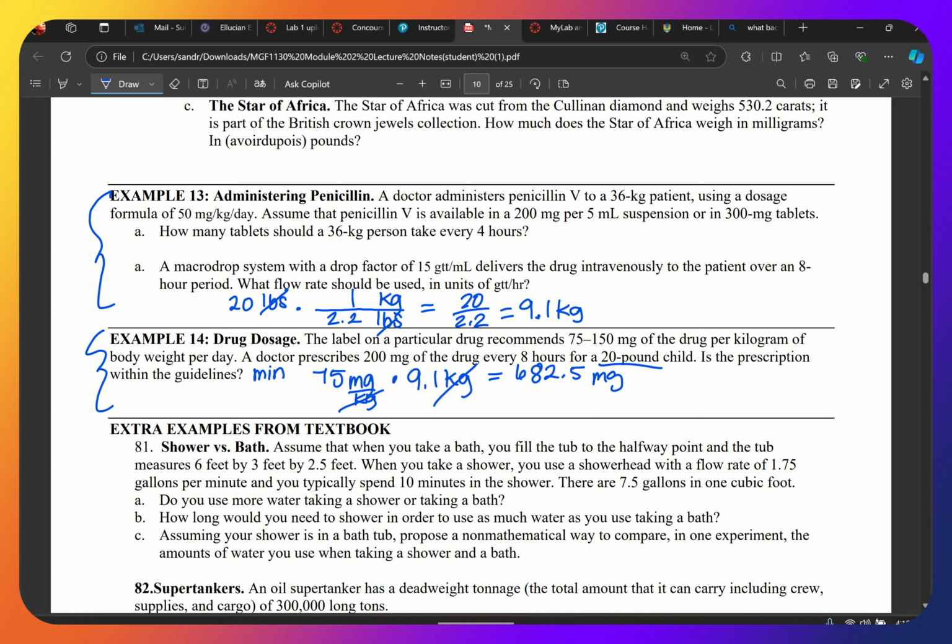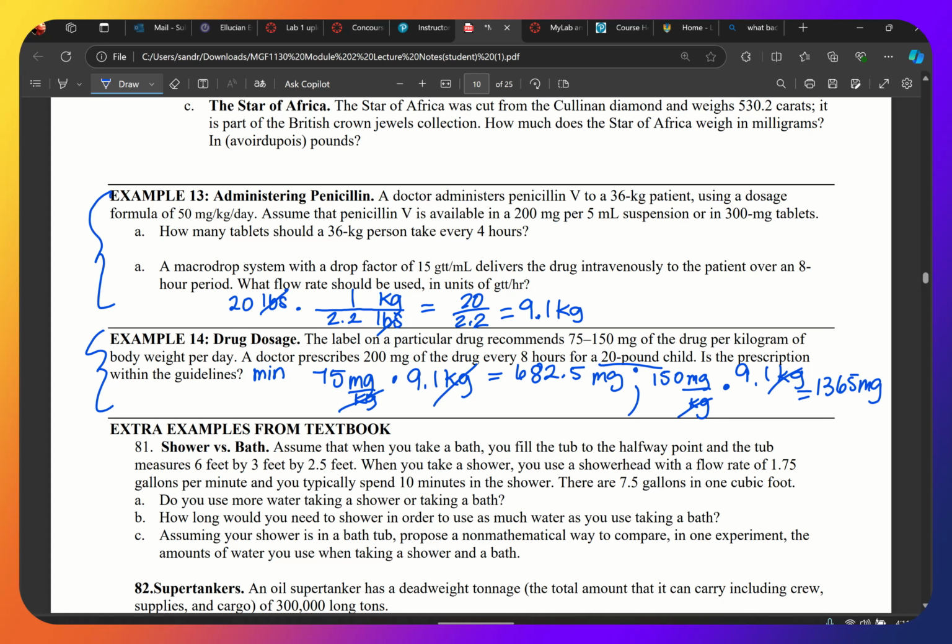Maximum: 150 milligrams per kilogram times 9.1 kilograms. Remember, these units cancel. 150 times 9.1 is 1,365 milligrams per day. That's the maximum. Minimum amount, maximum amount, based on a 20-pound child, which is 9.1 kilograms, because everything's by weight.